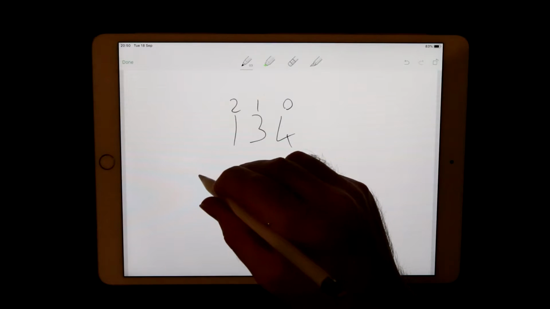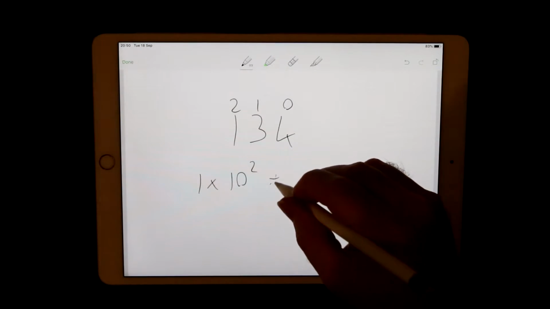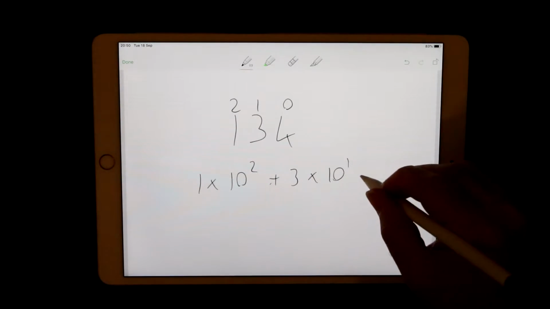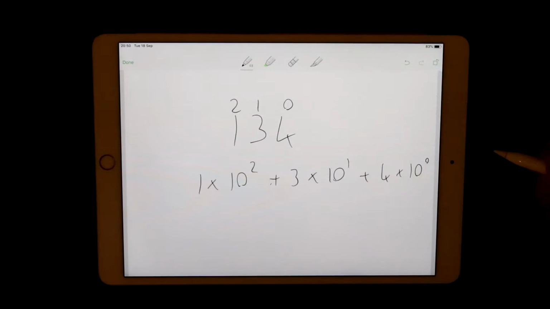So we end up having 1 multiplied by 10 to the 2 plus 3 multiplied by 10 to the 1 plus 4 multiplied by 10 to the 0th power.